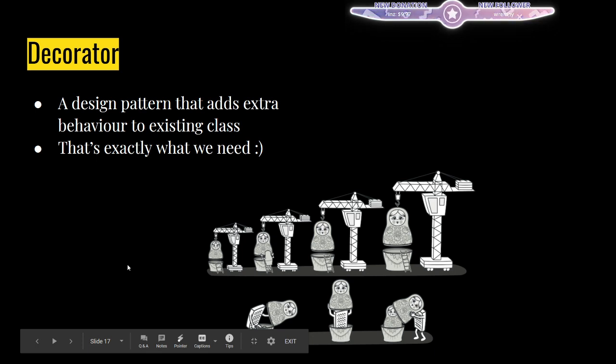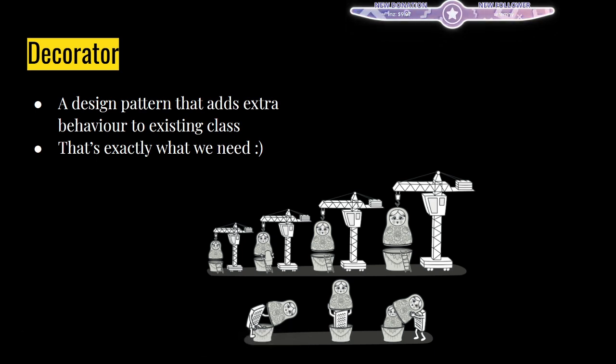The solution to inheritance is also the decorator pattern. A decorator pattern simply says that I can add incremental changes to some existing method. So if I did something, I can do something more with every decoration that I make.